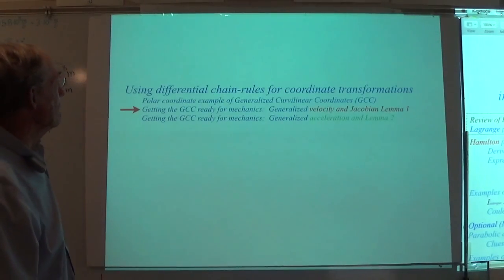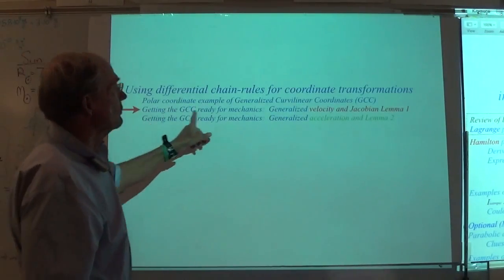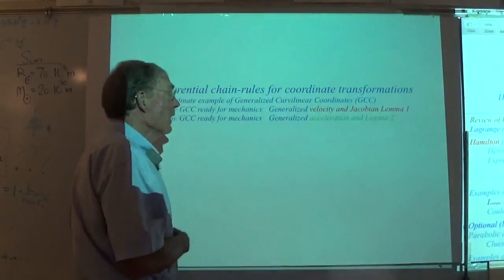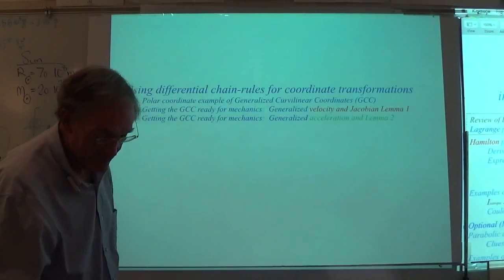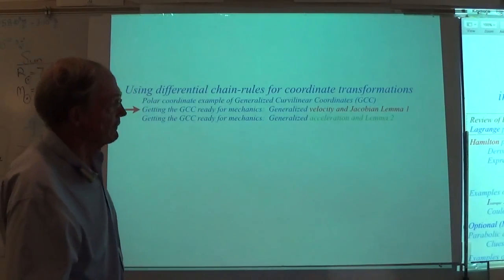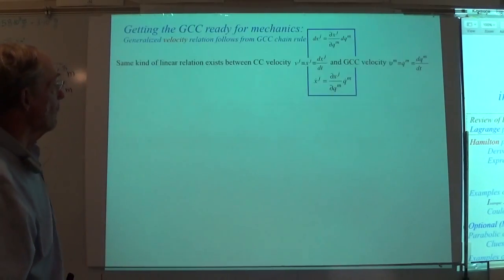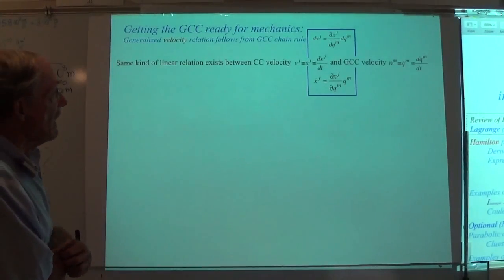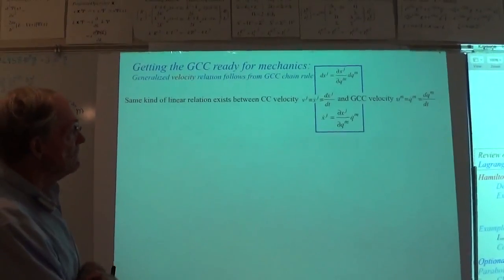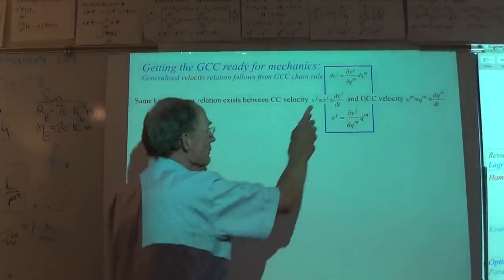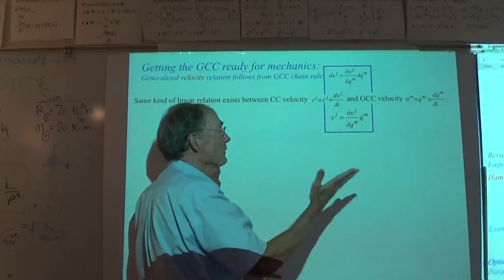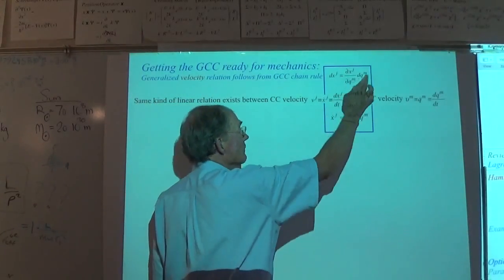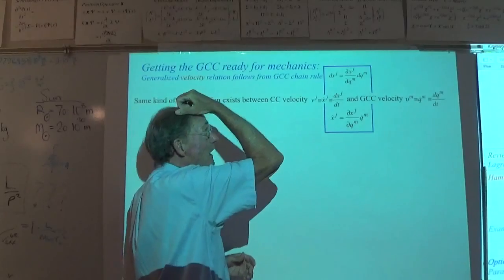But anyway, okay, so we're going to do two lemmas here. These are the key things that you need to take on generalized curvilinear coordinates as equations of motion. So the generalized velocity comes immediately from our first order differential of the curvilinear coordinates summed over however many dimensions we have.